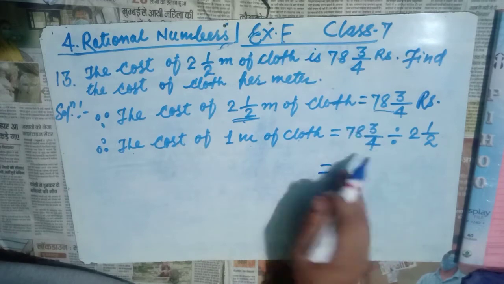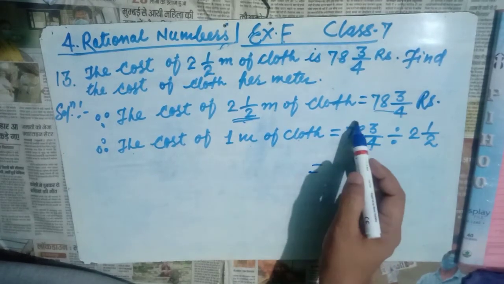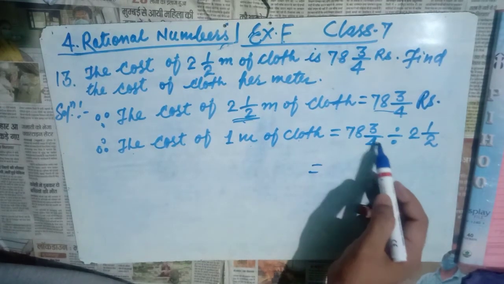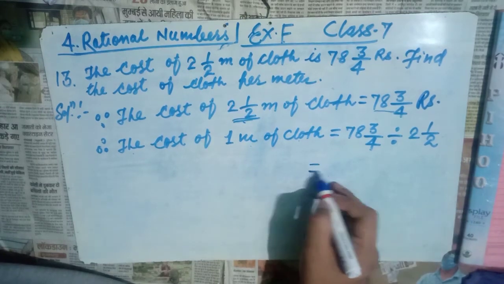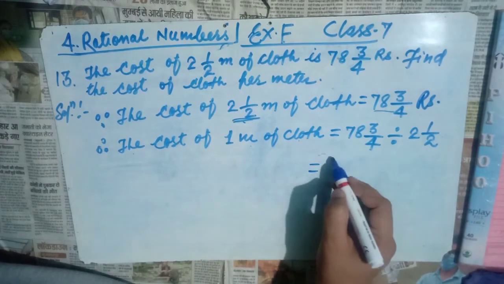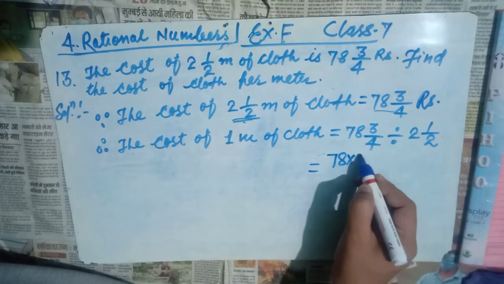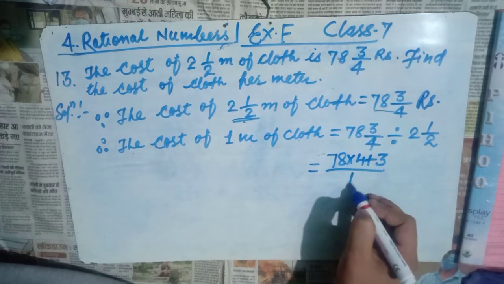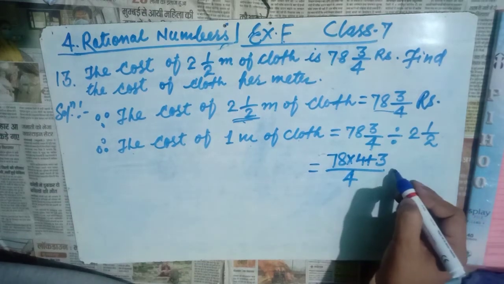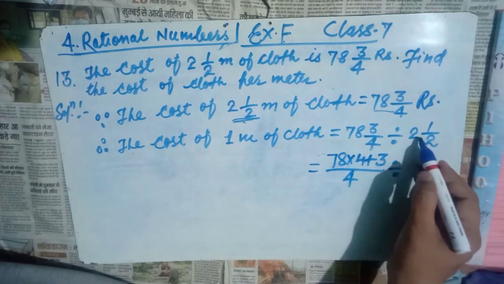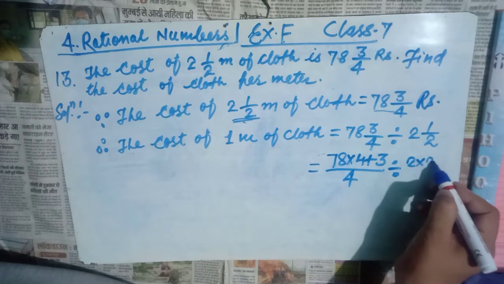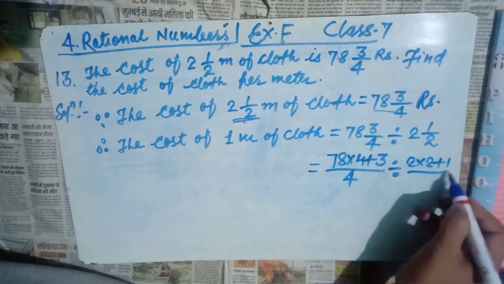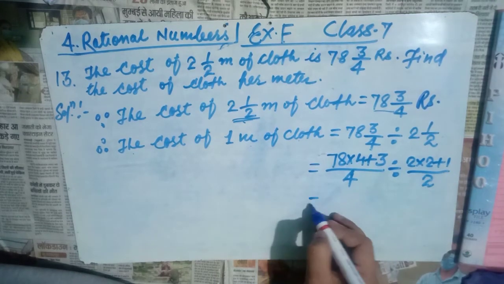First of all, you have to change this mixed fraction into improper. Now multiply 78 by 4 and add 3, okay. Now here division, now multiply 2 by 2 plus 1 divided by 2, okay.